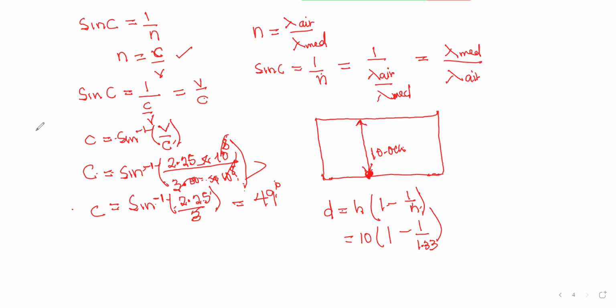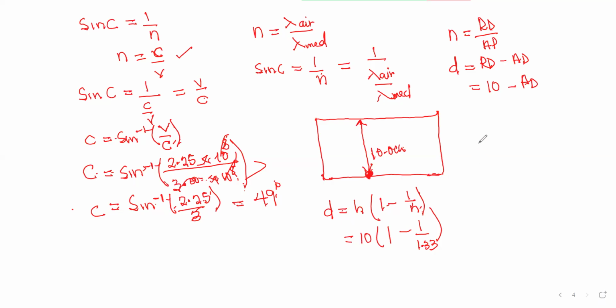Somebody would want to go systematic. Instead of using the formula, somebody may be okay with this: if the refractive index is real depth over apparent depth, then displacement is equal to real depth minus the apparent depth. Knowing that the real depth is 10 centimeters, all that it takes to solve for the displacement is to find the apparent depth.